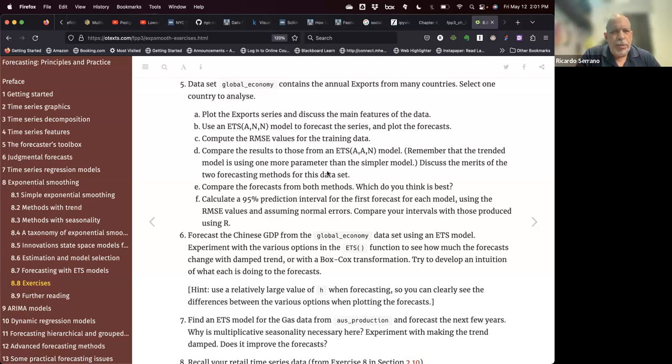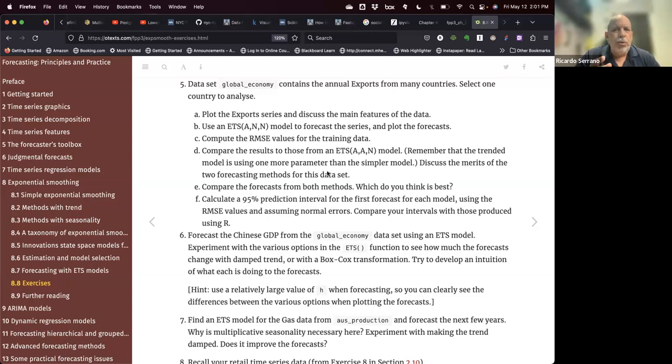Then we're going to use an ETS model with an additive error, so it's an ANN, with no trend or seasonal component. We're going to use it to forecast future observations in the series and then plot the forecast. Then we're going to compute the RMSE, one of the metrics we can use to evaluate the model on the training data.